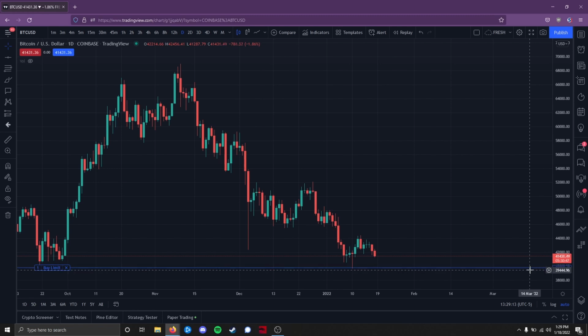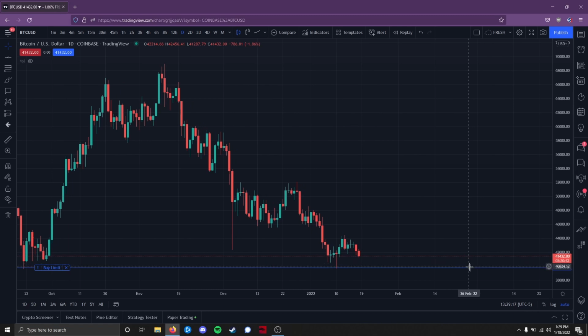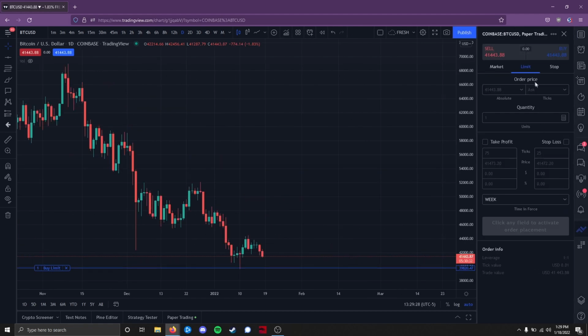It hasn't been fulfilled yet because the price has not come down to it, but we see in TradingView, we have a buy set for 39,820.